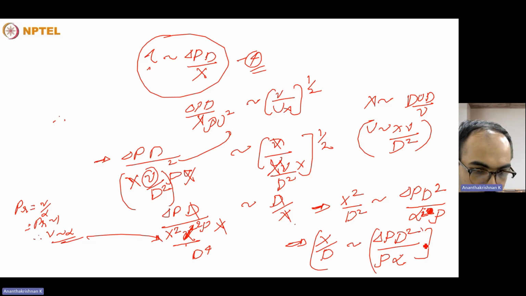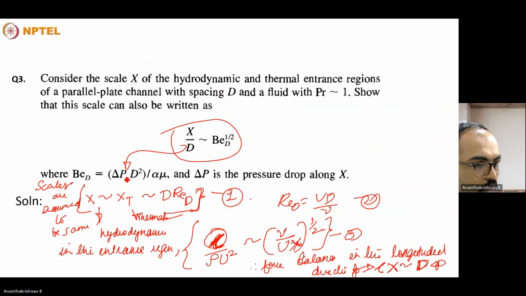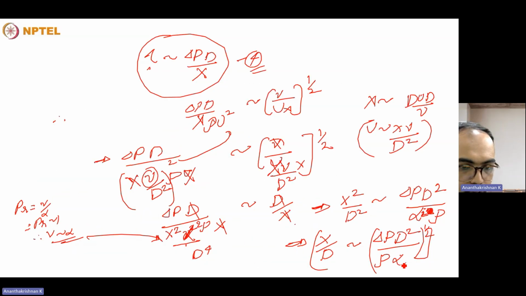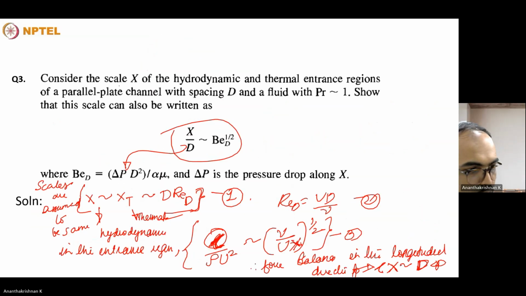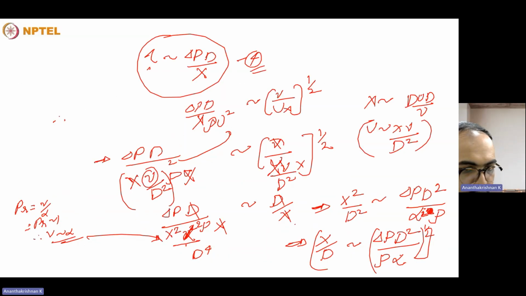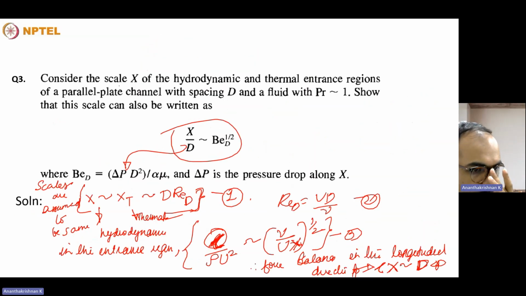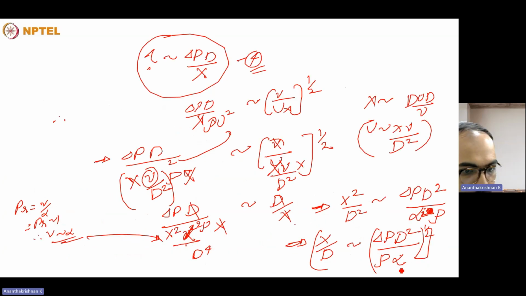So x is equal to raised to 1/2. So this delta p d squared divided by alpha, delta p d squared divided by alpha into mu.